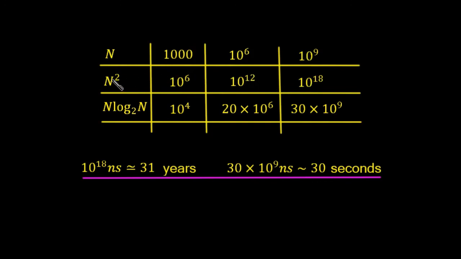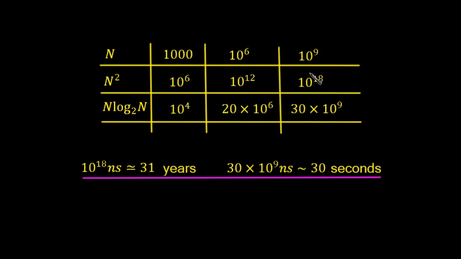But if we were to use the Fast Fourier Transform algorithm, then this 10 to the 6 would actually become 10 to the 4. The 10 to the 12 would become 20 times 10 to the 6, and the 10 to the 18 would become 30 times 10 to the 9. To put that into perspective, let's say each multiplication takes 1 nanosecond.